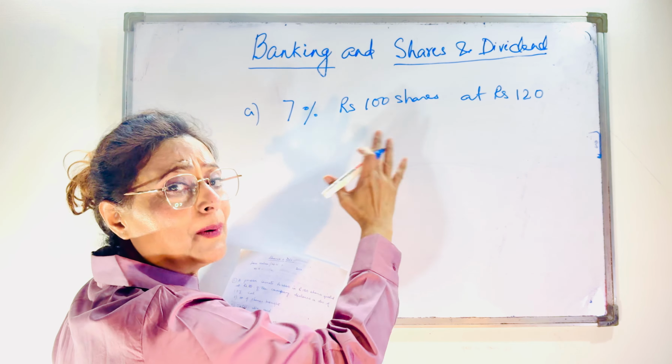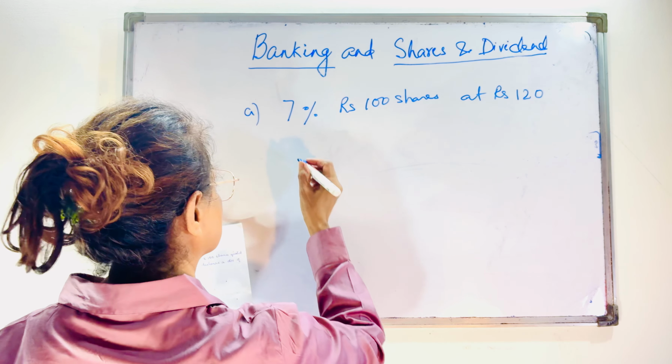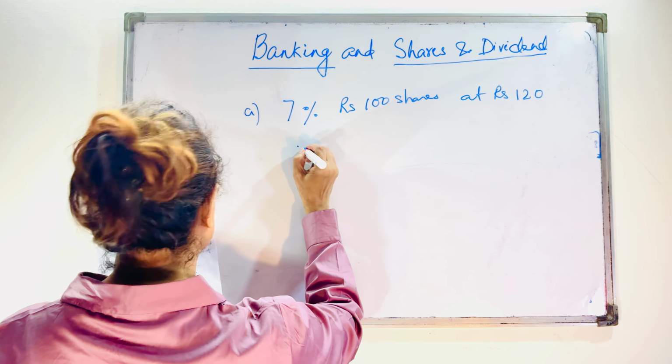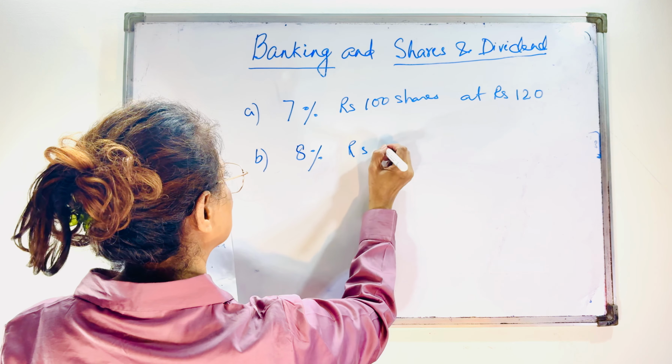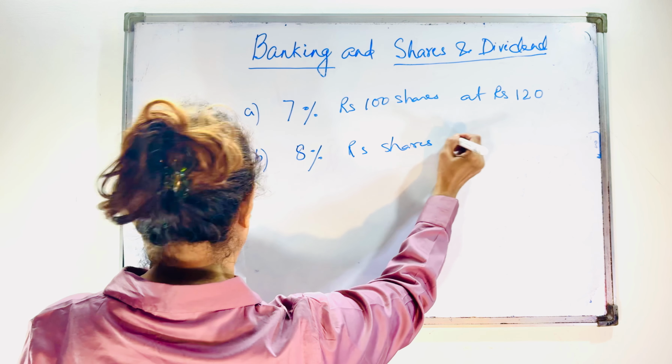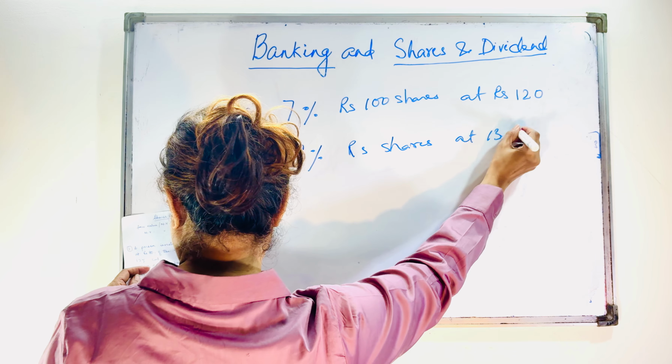If it is available for a higher price, like here, it is 20 rupees premium, right? If it is available at a lower price, that's a discounted price. Or 8%, rupees 10 shares at 13.50.